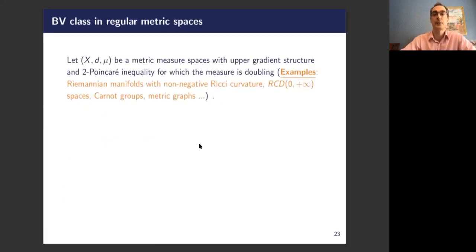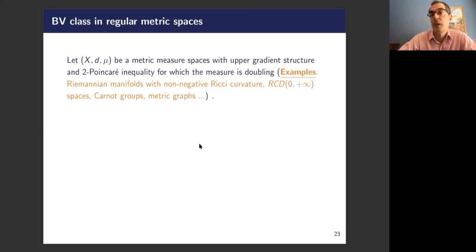So the first setting is the setting of metric measure spaces that are not too far from manifolds. That is, these are metric spaces for which there are a lot of rectifiable curves connecting two points. So if you are not very familiar with the general framework of metric measure spaces, you could think of Riemannian manifolds, or limits of Riemannian manifolds with non-negative Ricci curvature.